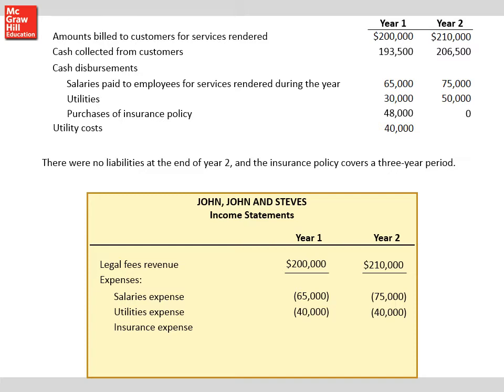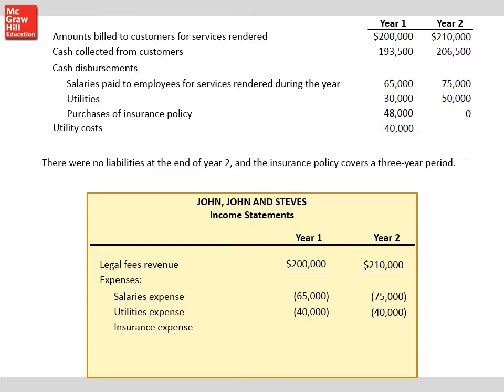Now watch this. Remember what cash disbursements represents, the amount actually paid. So of the $40,000 that was the expense for year one, only $30,000 of it was paid. So that means the other $10,000 was paid in year two.